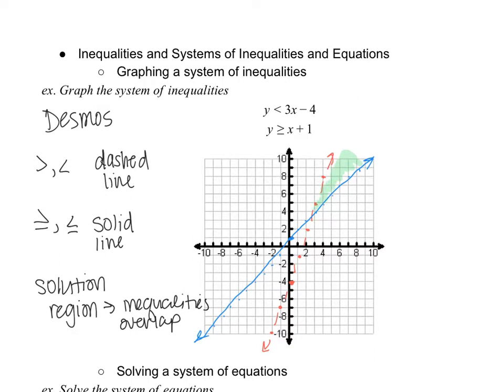That's the darkest region if we're looking at the graph on Desmos. So it's important if you're using Desmos to help determine your solution region, you make sure both lines are different colors. Red and blue are always a good choice to use because their overlap region is going to be purple. It's going to be different than the inequalities, and it's going to be easy to detect.